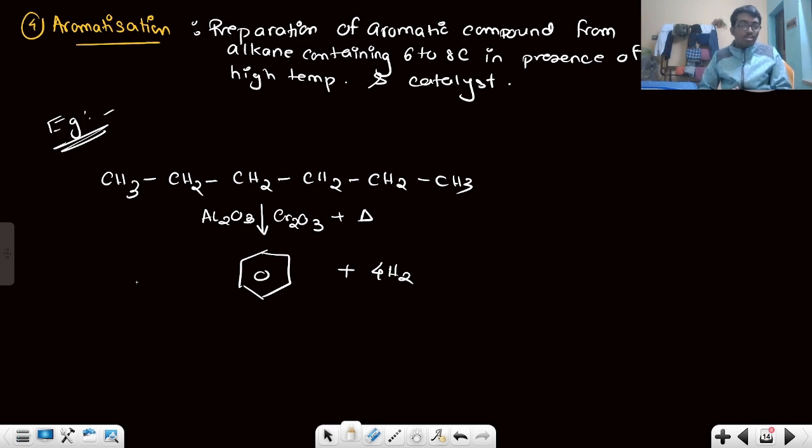Clear? Because in more than that it will not even be planar. Understood? So this is aromatization, where you prepare an aromatic compound from an alkane that has 6 to 8 carbons in presence of high temperature. Temperature has to be high and there has to be a catalyst. What is the catalyst? Al2O3 and Cr2O3. Clear? Any doubt? No doubt.